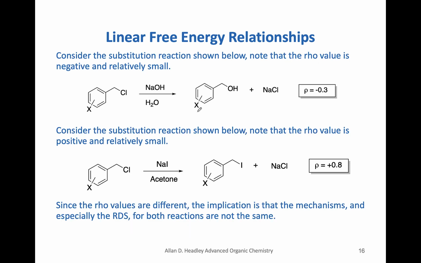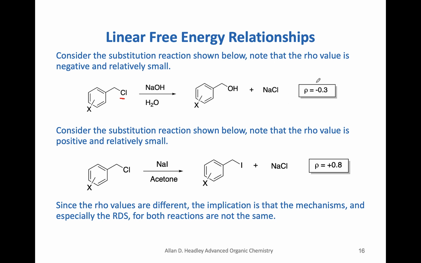Let's look at a couple more examples. So here is another example here. Benzyl chloride in the presence of sodium hydroxide and water. Notice this here is now Cl, not a good leaving group as before, as in the previous slide. So it's not going to leave readily to form the carbocation as we have seen in the previous slide.